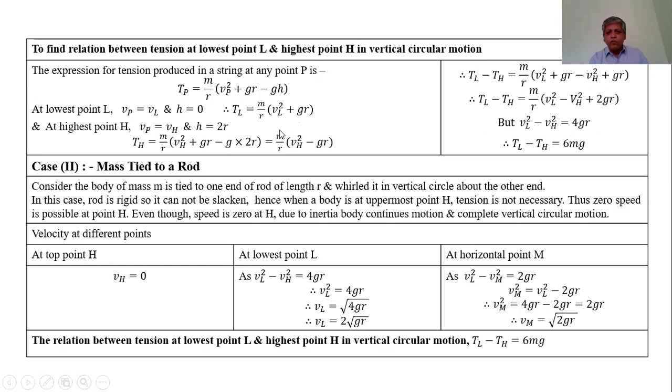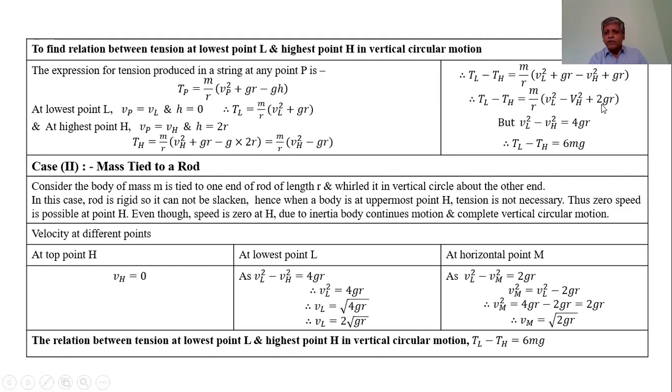M upon R in both cases is the same, so take it common. Therefore, TL minus TH is equal to M upon R into bracket VL square minus VH square and GR plus GR, that is 2 times GR.